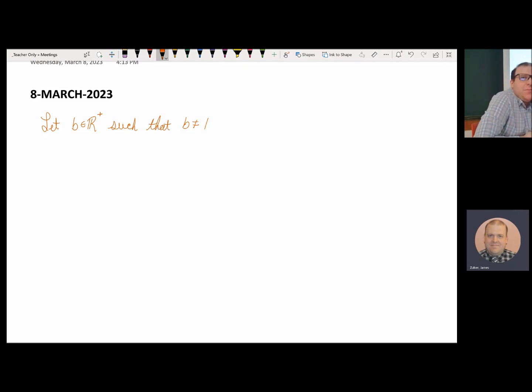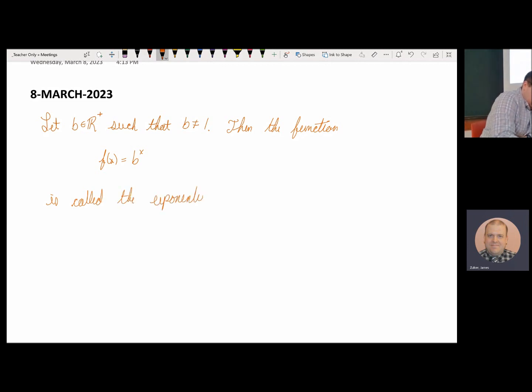Right, so b is a positive real number, greater than 0 but not equal to 1. The function b to the x is the exponential function base b.